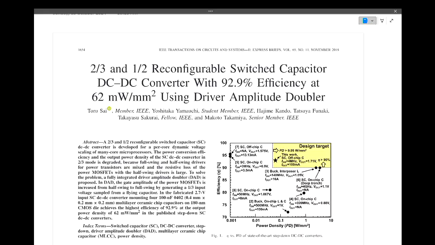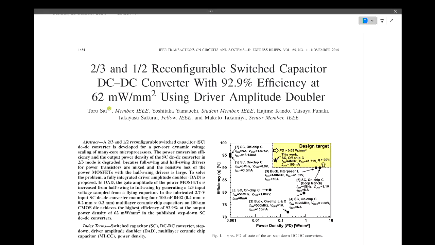First, with the popularity of multi-core microprocessors, we need to perform fine dynamic voltage scaling for each core, and integrated voltage regulators, which is IVR, provide an effective solution.